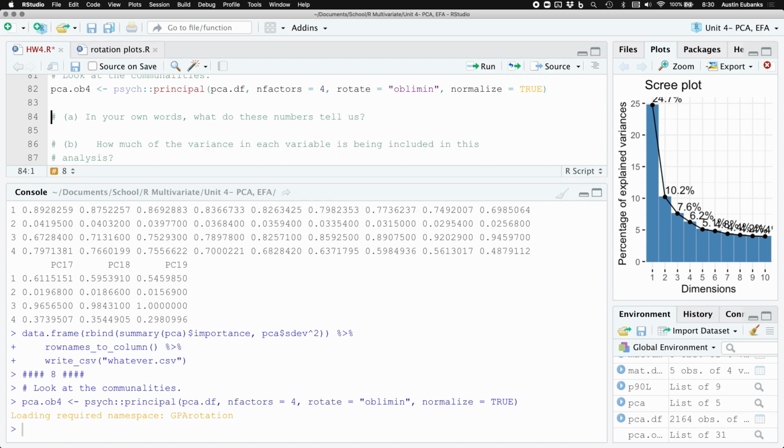Okay, so the first thing I want to know is, let's see, Josh asked, is there a specific way we're supposed to report the values for number 7? Can you tell me more? What is your question? Yes. So in number 7, you're asked to report component, eigenvalue, percent variance explained, cumulative percent.